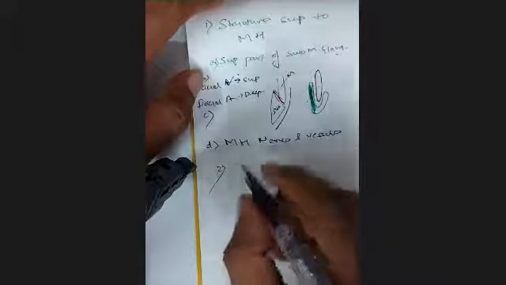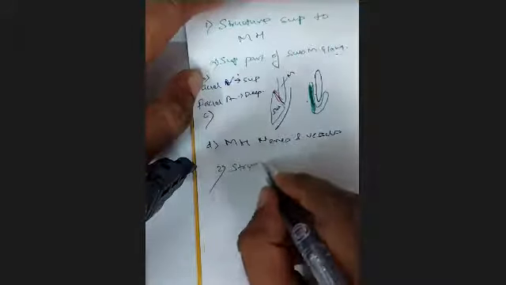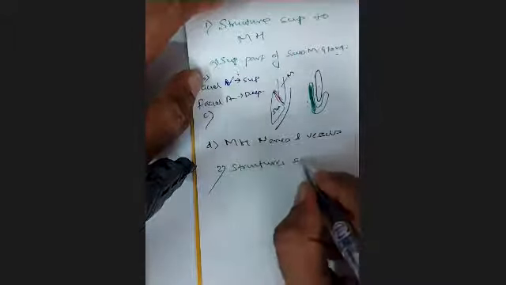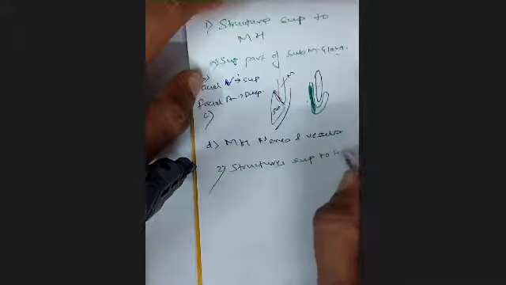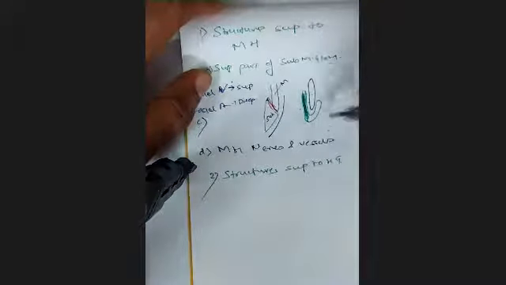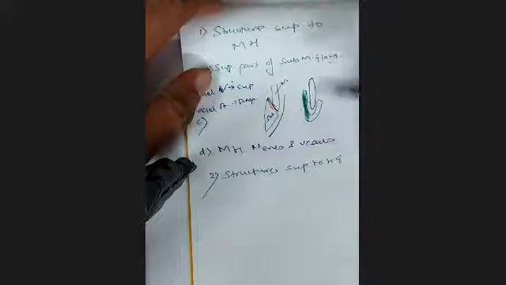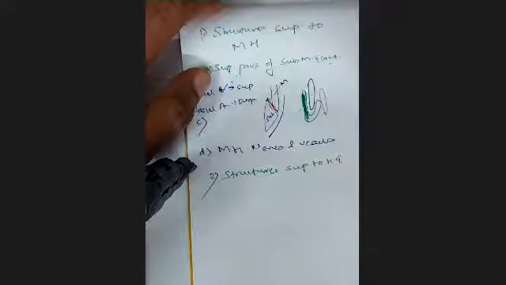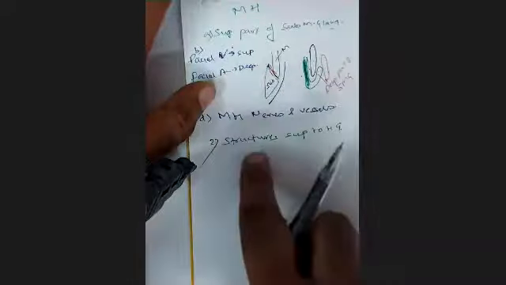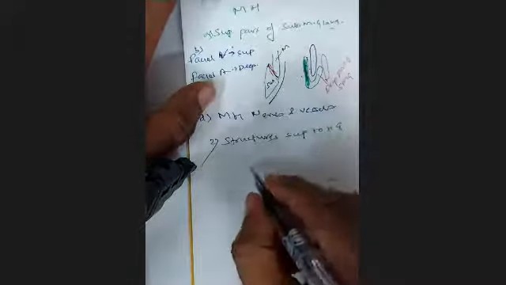The second, structures superficial to hyoglossus. Now the hyoglossus muscle lies here. Superficial to it is the deep part of the submandibular gland. Let me draw a diagram first.